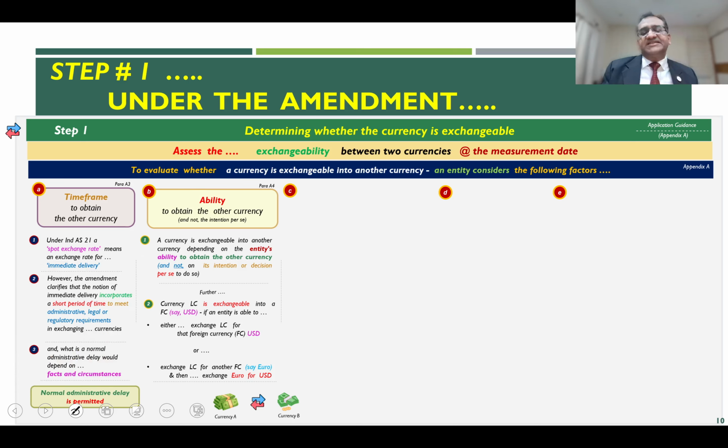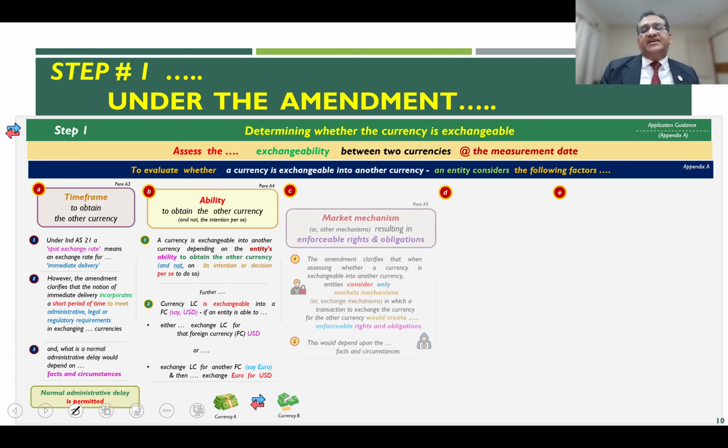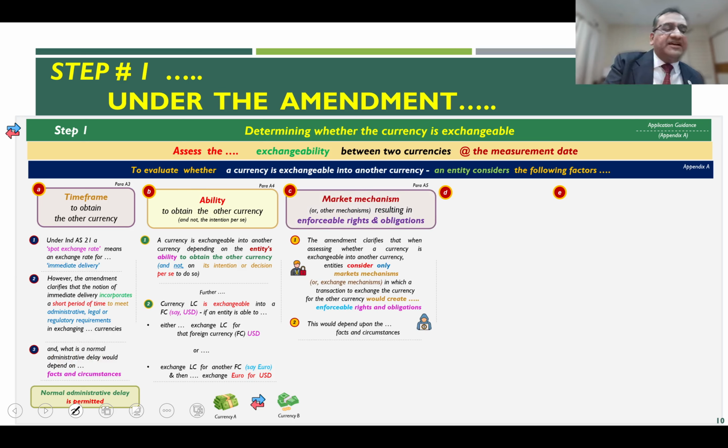Now, the third factor, which is given in the amended standard, is paragraph A5. It says, when you are assessing the exchangeability between the two currencies, you have to look at the exchangeability only and only in a market mechanism or some other mechanism for conversion which results in enforceable rights and obligations in the eyes of the law.